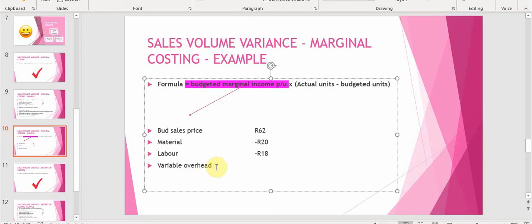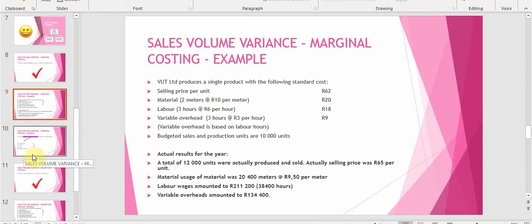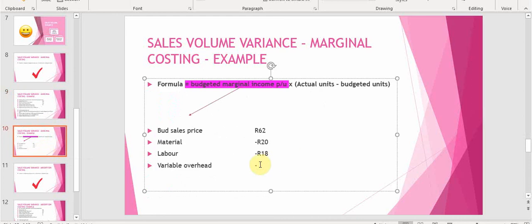And for the variable overhead, it was minus how much? 9 Rand. Right. Then I will get to my budgeted marginal income for a unit. And if I say 62 minus 20 minus 18 minus 9, I get to a total of 15 Rand. So 15 Rand, that is my budgeted marginal income per unit.